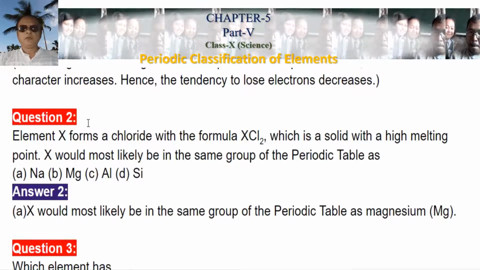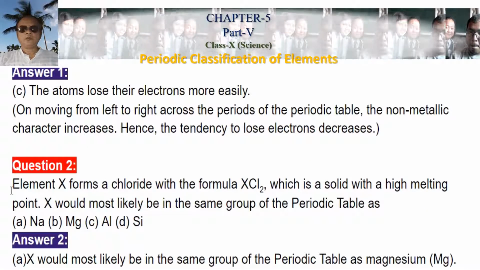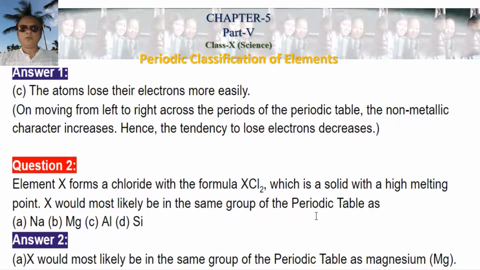Now let's go to question number 2. Element X forms a chloride with the formula XCl2, which is a solid with a high melting point. X would most likely be in the same group of the periodic table as Na, Mg, Al, Si.